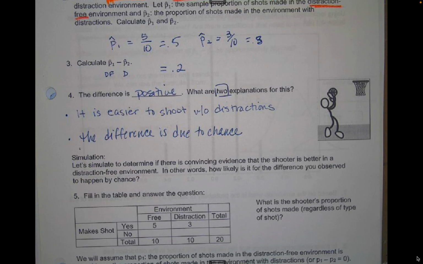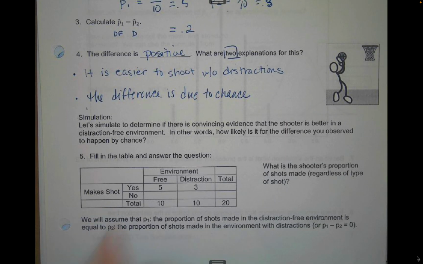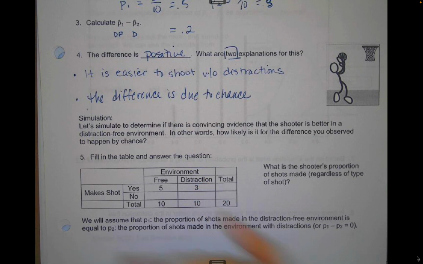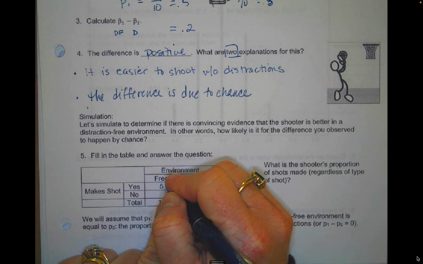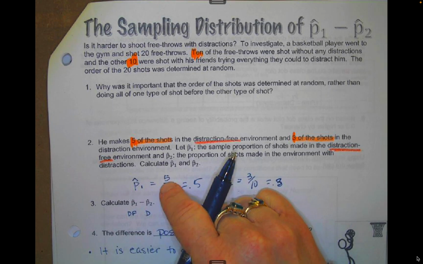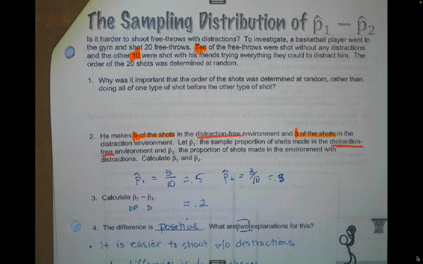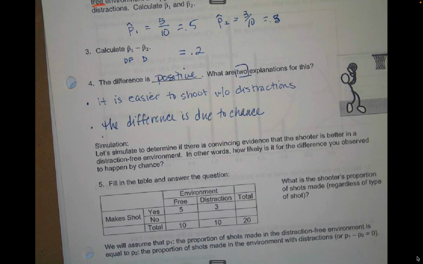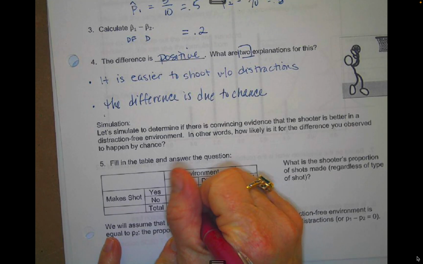All right, so first thing we're going to do, remember, I made this little table down here for you. We have makes the shot. So I'm going to say that's a success, like a bucket. The environment is either free of distractions or distractions. Remember, in the environment free of distraction, he makes 5 of the shots. So that means he misses how many? 5.